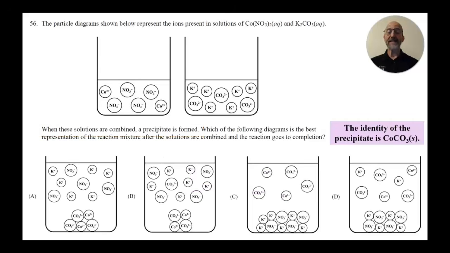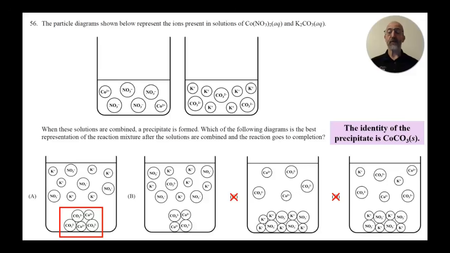So right away I can tell that choices C and D are incorrect, because at the bottom of the beaker it's showing a collection of solid as solid potassium nitrate. Now when I look at choice A, there is a problem with that particle diagram.